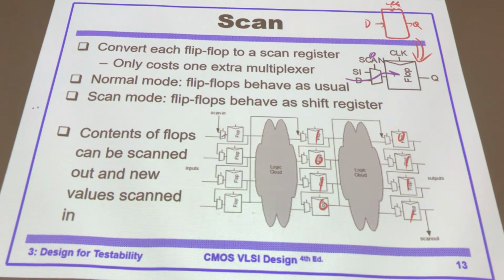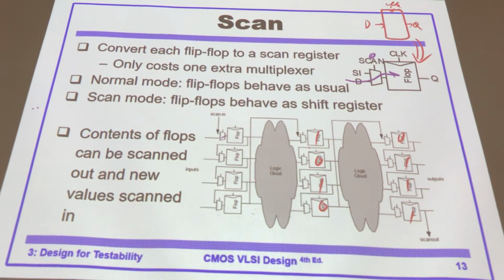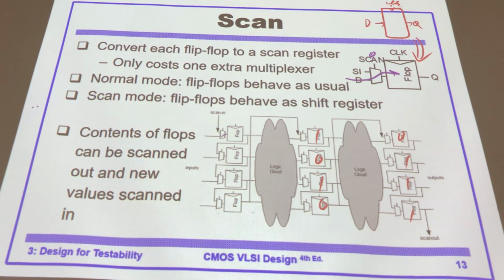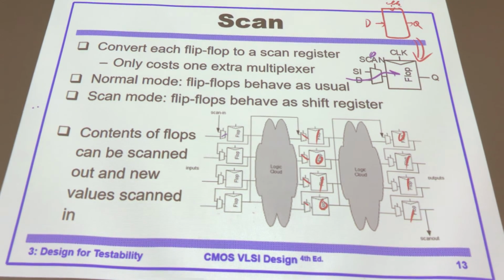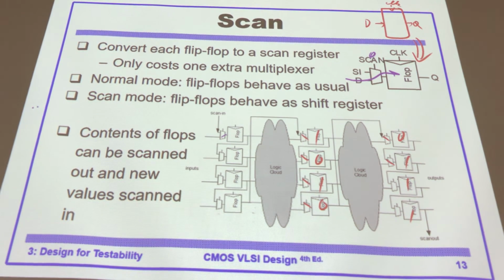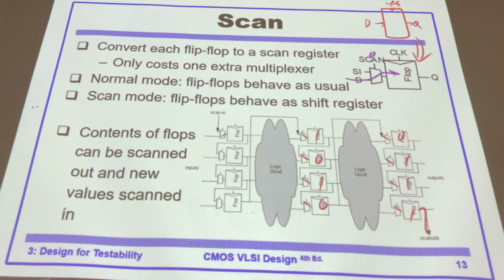Now it's becoming scan mode. Change to scan mode, and after 8 clock cycles, this 8-bit value would be shifted out, the output here, scan out here, right?